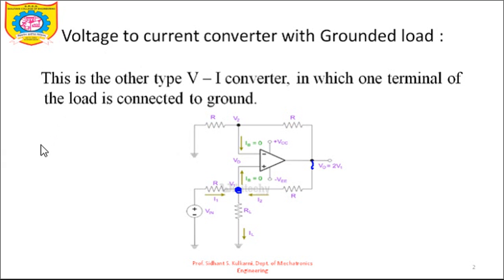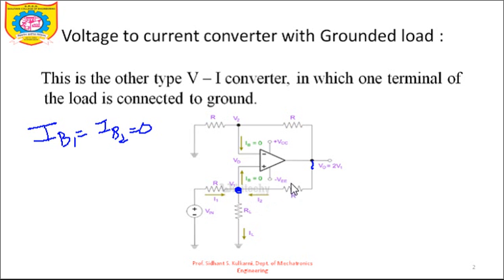According to the ideal characteristics, the op amp has high input impedance. If it has high input impedance, the currents through the op amp terminals IB1 and IB2 are equal to 0. So at this particular node there are three currents. One current I1 is entering due to the voltage Vin.